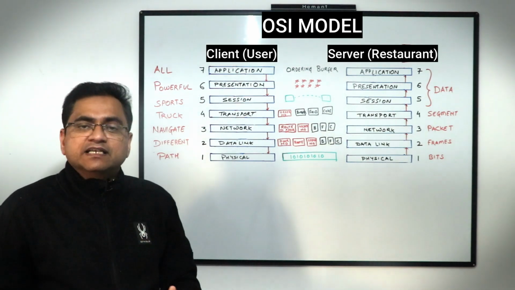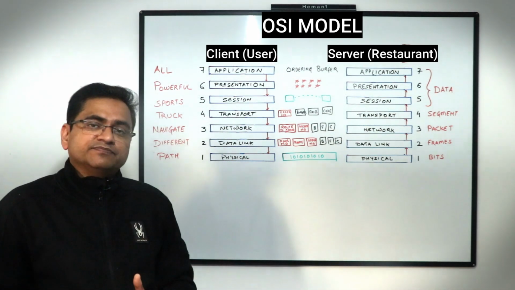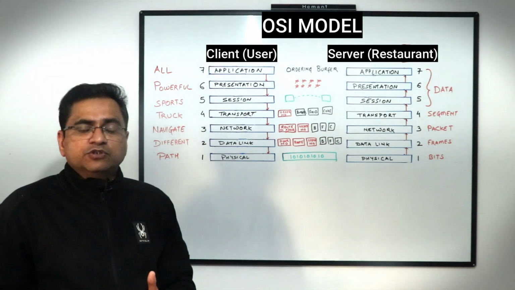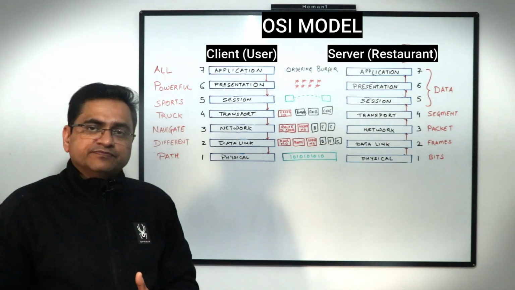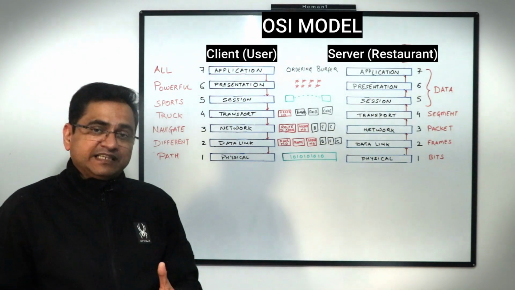No, it's not magic, it's all networking, and specifically the OSI model. Today I'll explain how the 7-layer model works using one simple example of ordering food online. By the end, you'll never look at a food order the same way again.